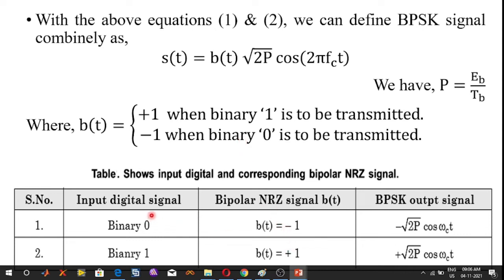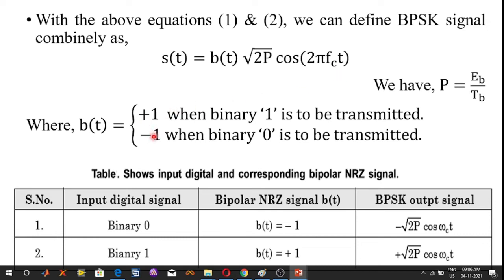So now here in this equation, substitute b of t equal to 1 if binary bit 1 is transmitted, then the carrier signal is square root of 2P cos of 2 pi fct. In that equation, the phase angle or the phase difference is 0 degrees.